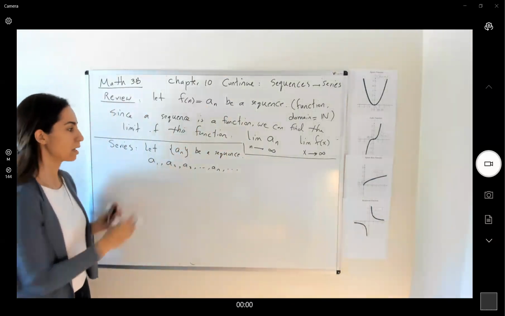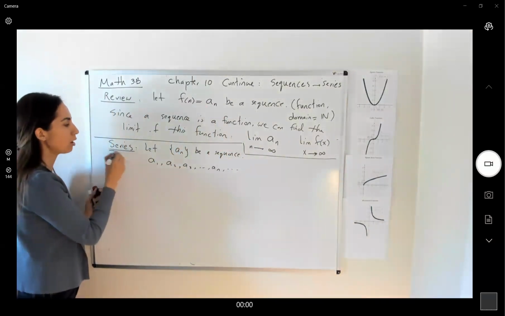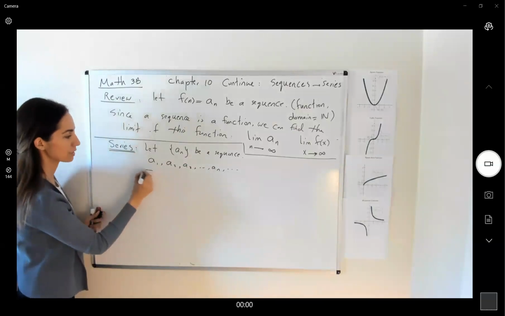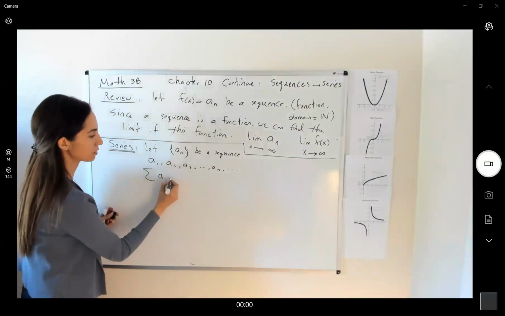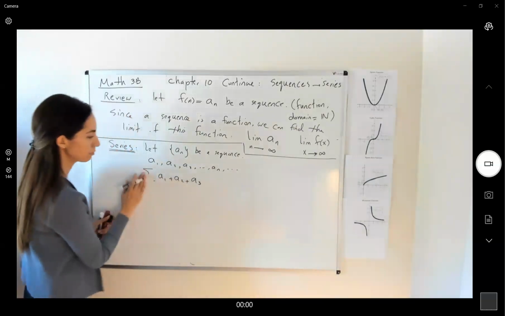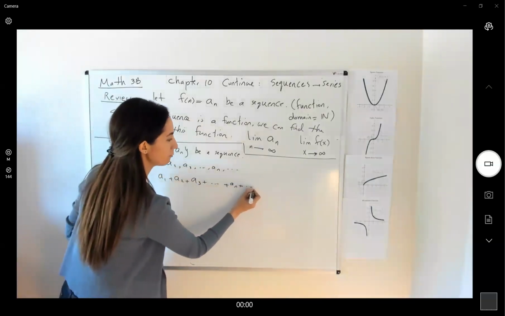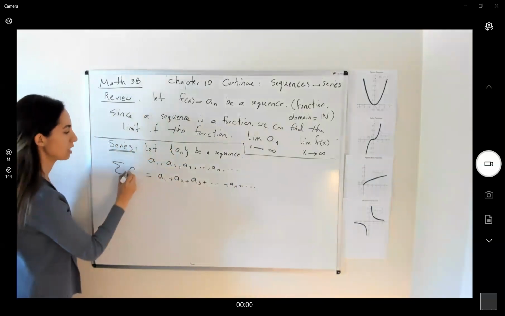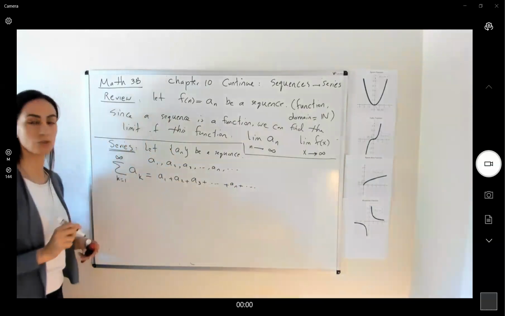We learned that by adding these terms, we can define a new object in math, which we call a series. The sum of the terms a sub 1 plus a sub 2 plus a sub 3 plus, and if we continue, we have a series, the sum of a sub k, where k starts from 1 and goes to infinity.